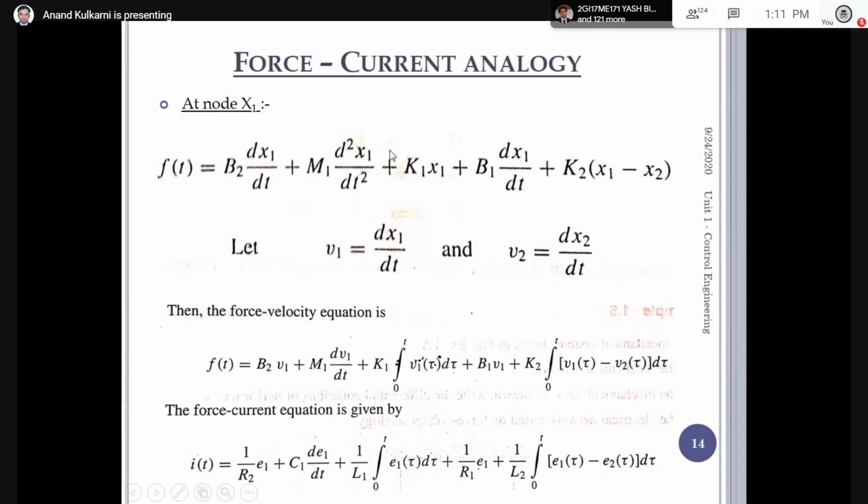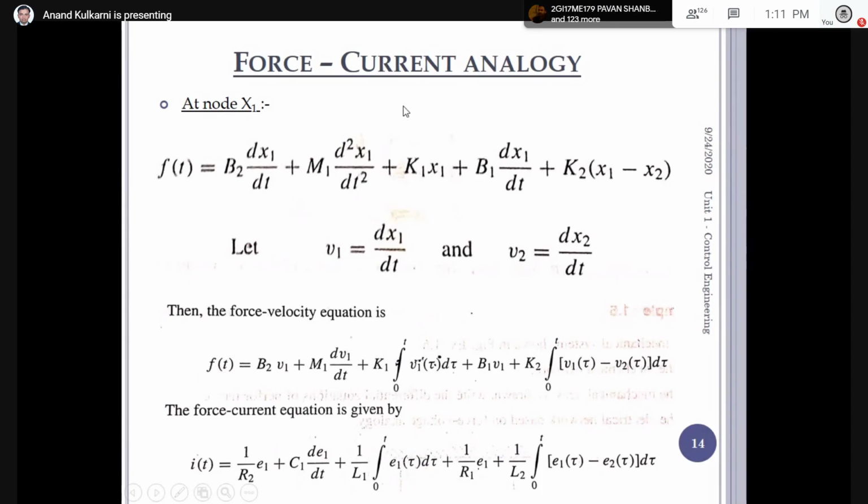But we cannot write the displacement directly. We have to write an equivalent term in terms of velocity, because it becomes easier, since flow of current and velocity are in a similar form. So we convert this displacement into velocity, so that the equivalent equation can be rewritten easily.